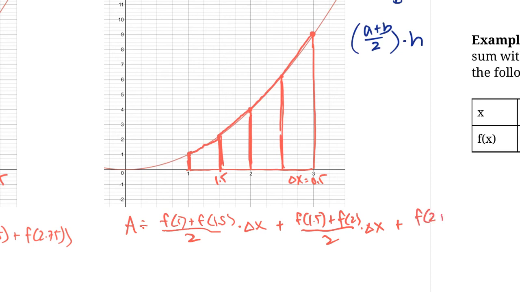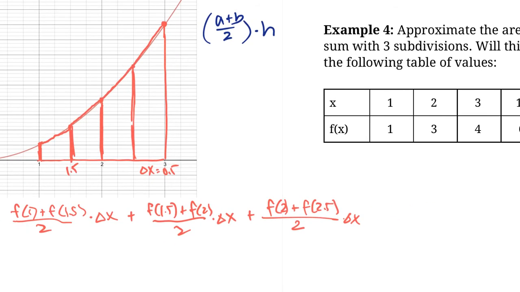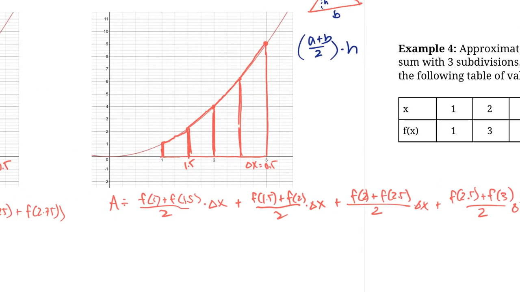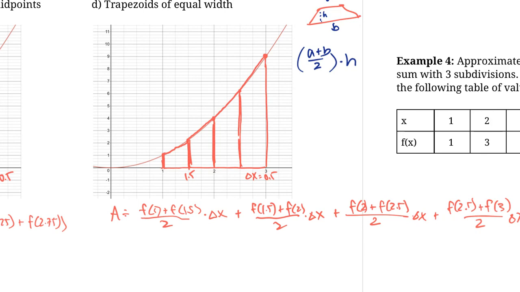F at 2 plus f at 2.5 all over 2 times delta x. And the last one, f at 2.5 plus f at 3 all over 2 times delta x. So obviously, this one's a little bit more complicated, right? But let's see what happens when we simplify it.